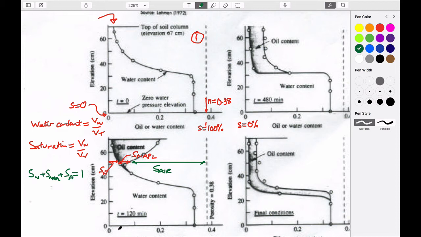We have only so much space to fill. We can fill it with water, we can fill it with air, and fill it with NAPL. If we have less NAPL, then we probably have more air. And so that's physically what this represents.